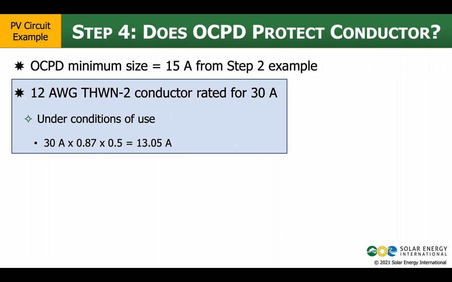We can take that 30 amps and apply those same conditions of use factors to get a corrected ampacity for the conductor. Previously, we took them and we adjusted the circuit current to figure out how big of a wire we need. And then when there was a little bit of roundup there, we didn't quite need all of the ampacity of a 12, so we rounded up a little bit. Now we'll take those same factors and kind of do the reverse.